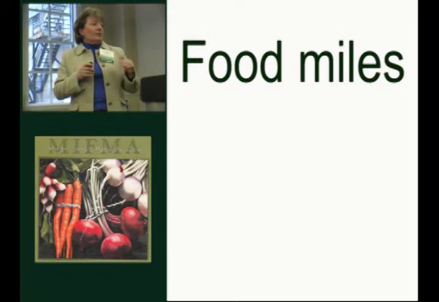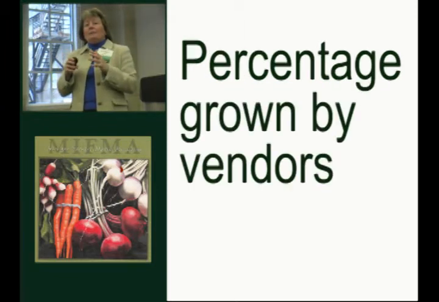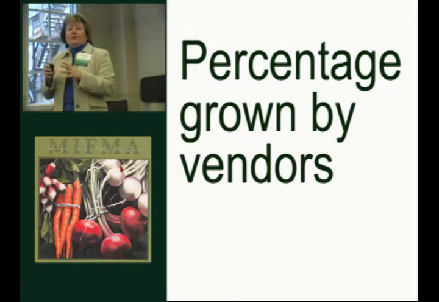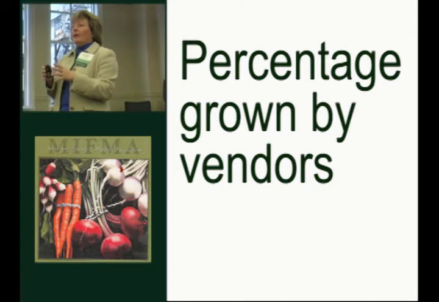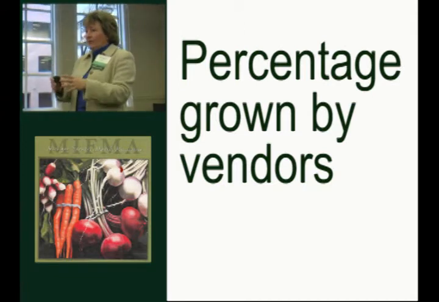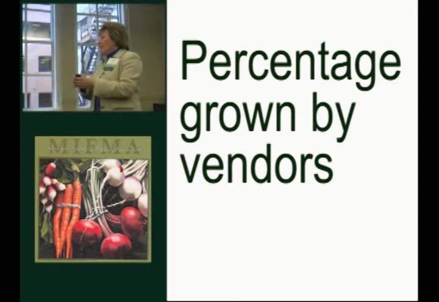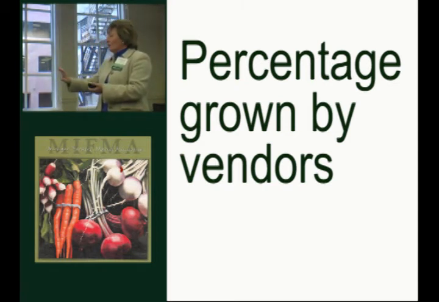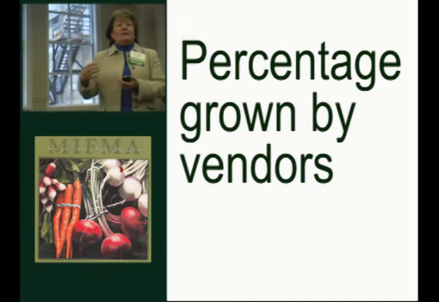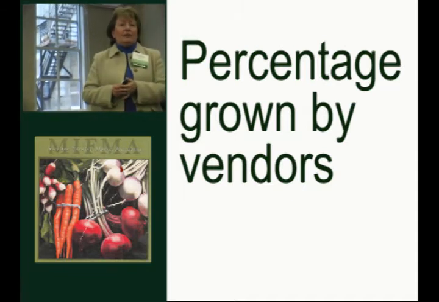In terms of the percentage that they grow, if you have vendors, farmer vendors, who are marketing products that they themselves did not physically produce, you need to know what percentage of that stuff they're buying in or selling, sharing, selling, because that's going to add another little dimension to your market.